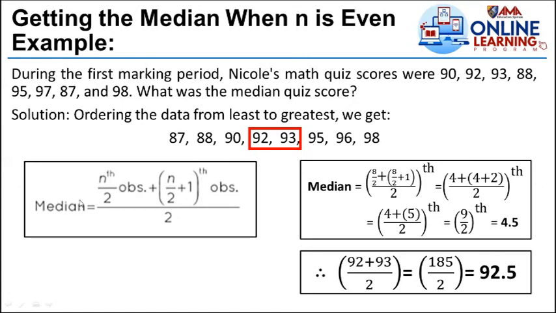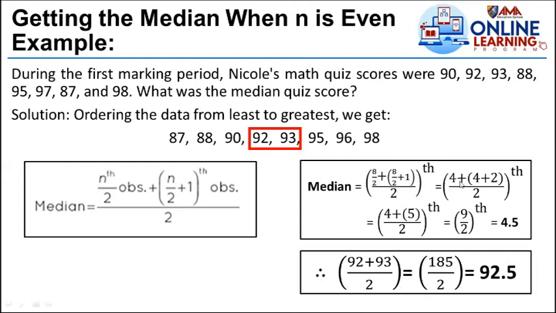If we're going to apply our formula for even data sets, n all over 2, n all over 2 plus 1 divided by 2. And if we're going to count the number of elements, do we have 1, 2, 3, 4, 5, 6, 7, 8.